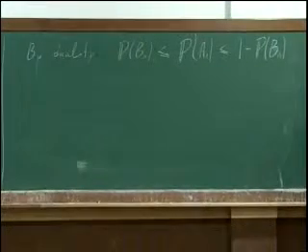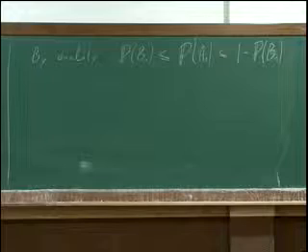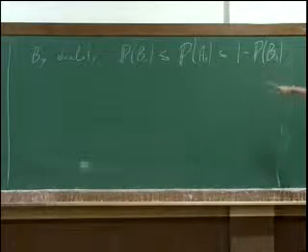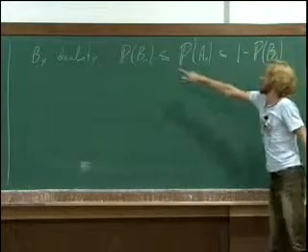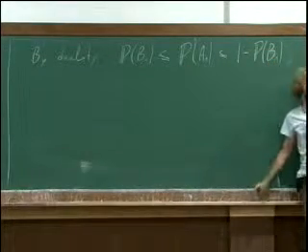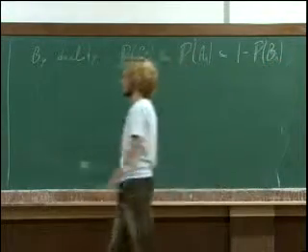So we've got these inequalities. So to prove that AN is a non-trivial event, then we only have to prove that BN is a non-trivial event. Let's see if we can do that.